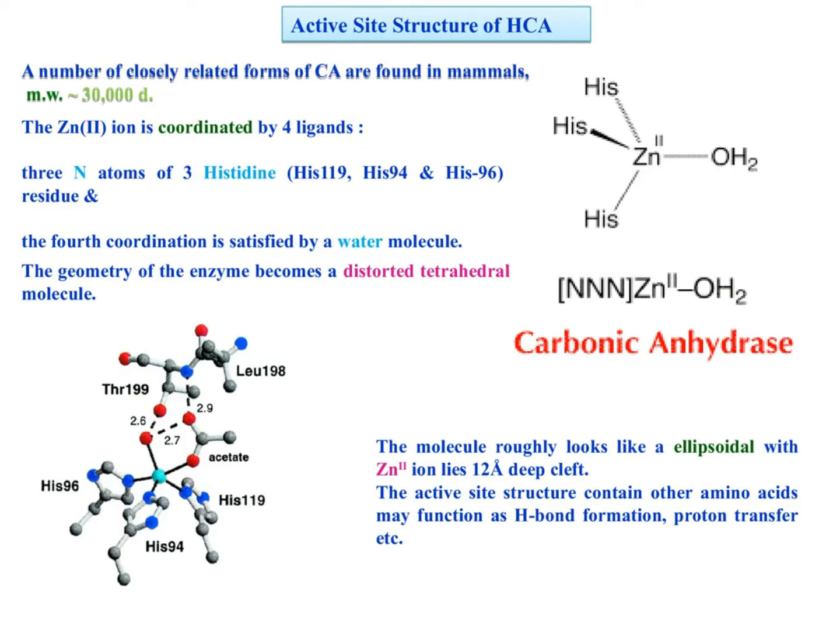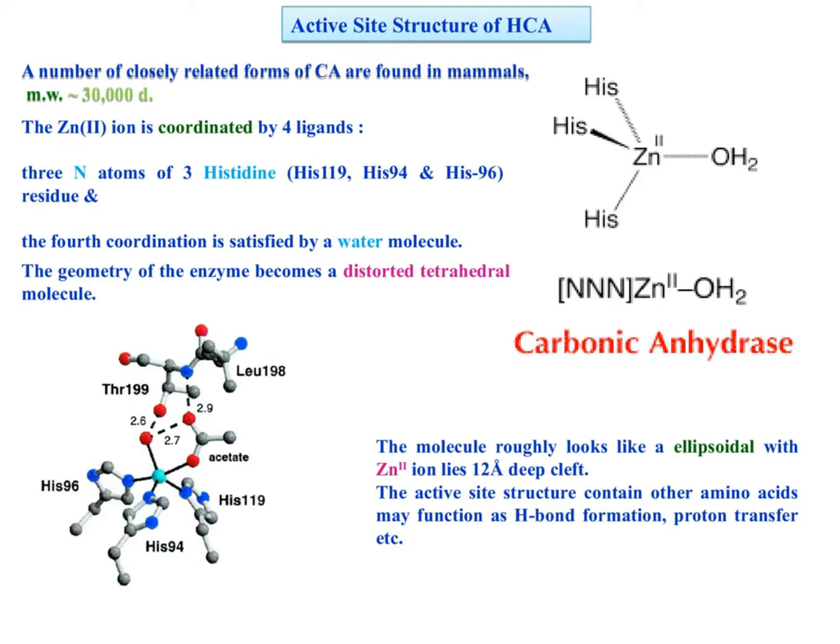More precisely, zinc(II) is present in the center of the enzyme, and it is coordinated by 4 ligands around it, which are 3 nitrogen atoms of histidine residues, numbered histidine 119, histidine 94 and histidine 96, and the 4th position is occupied by a water molecule as shown in the figure.